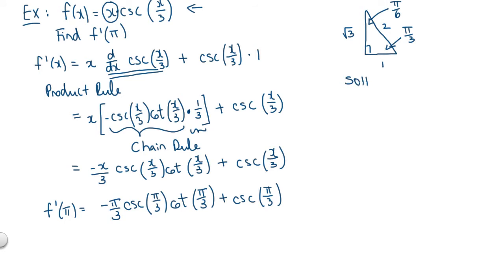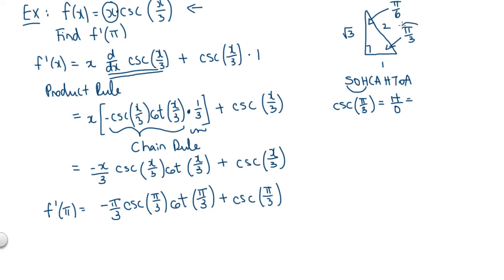Now thinking back to SOHCAHTOA, let's say we want to calculate cosecant of pi over 3. Well, first thing we need to remember is that cosecant is the reciprocal of sine. So if sine of an angle is opposite over hypotenuse, then cosecant is going to be hypotenuse over opposite.